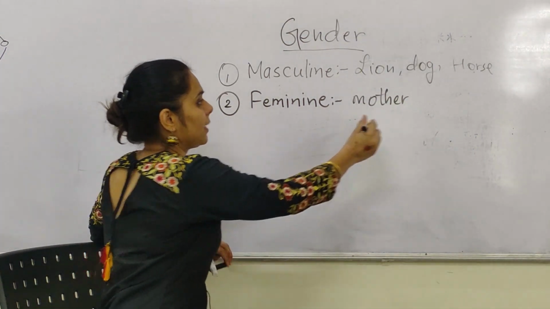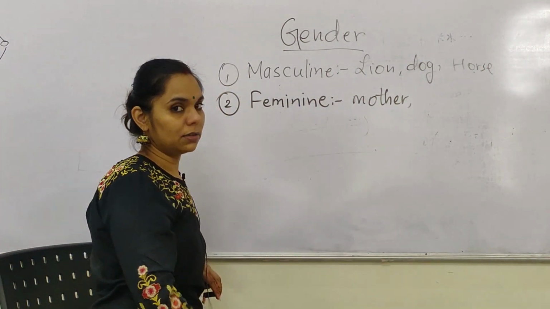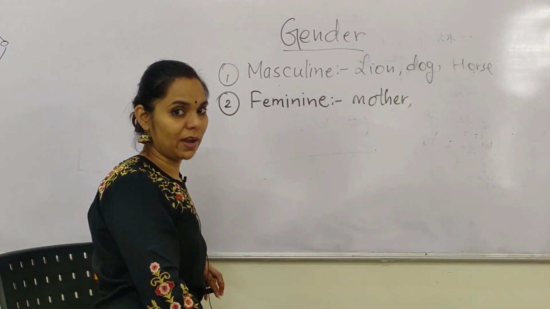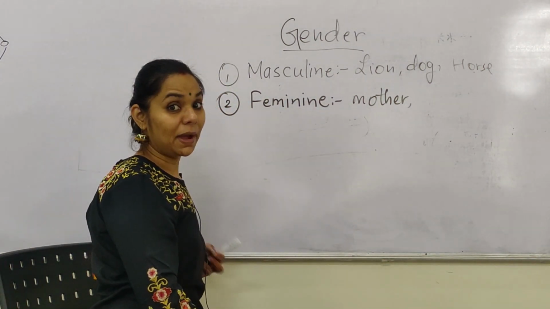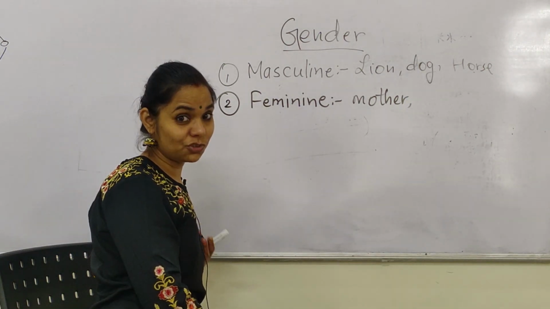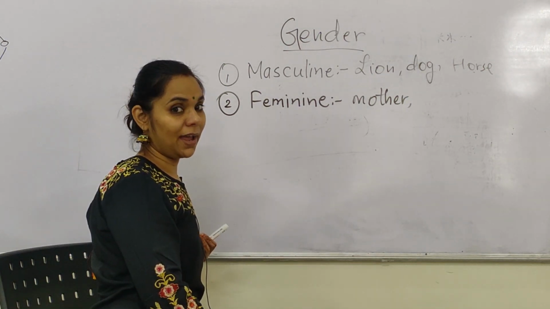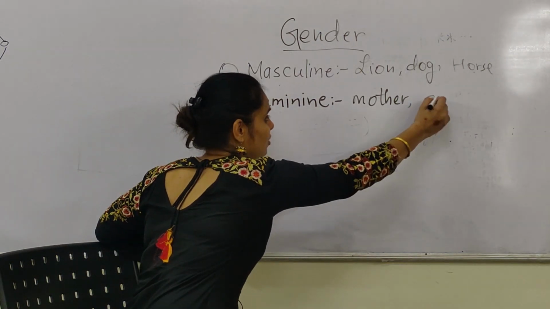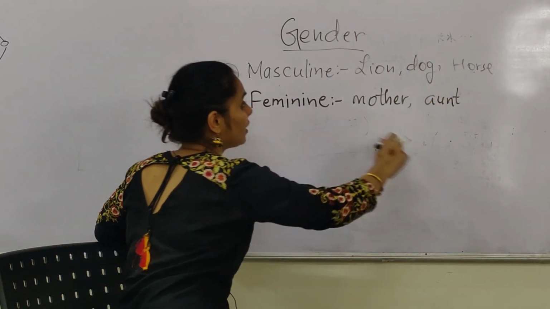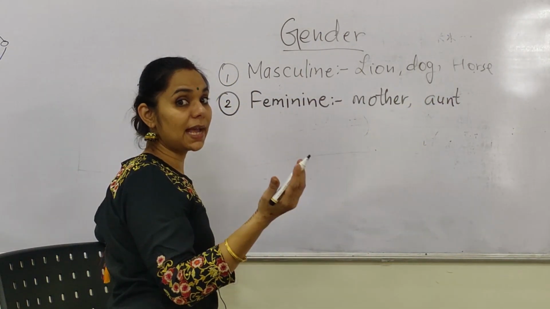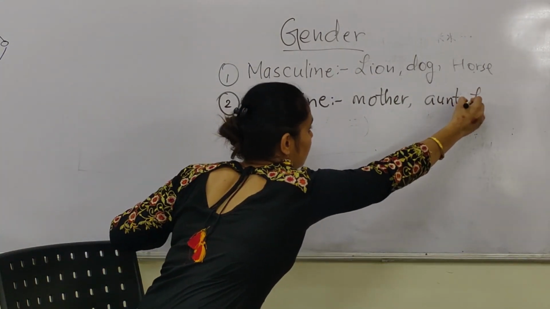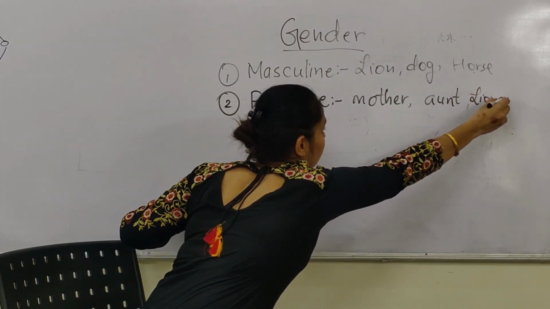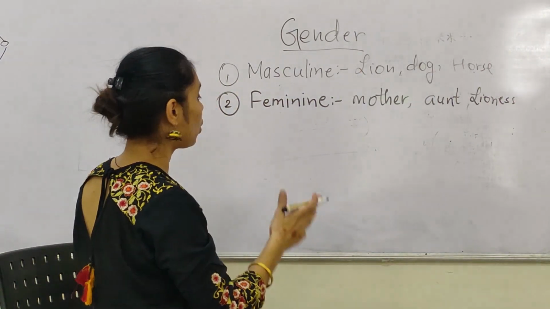So just tell them, if there is a family of your uncle, who will be the feminine gender there? They will tell you that my cousin sister or maybe my aunt, she will be the feminine gender. And if there is a family of lion, who will be the feminine gender? Definitely a lioness will be the feminine gender. So this is the way we will go ahead.